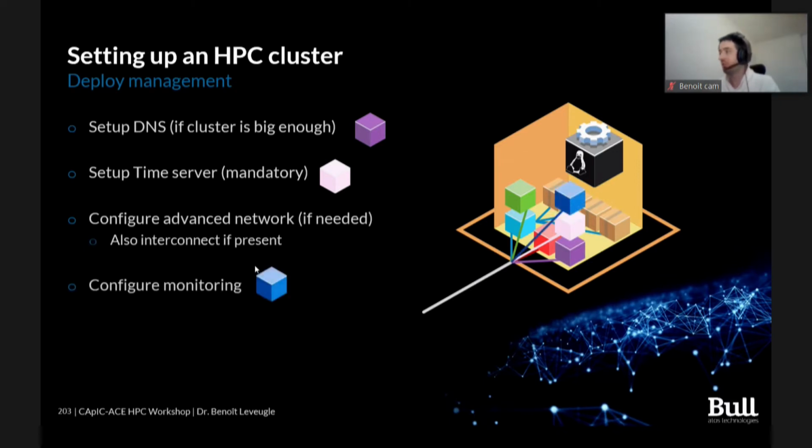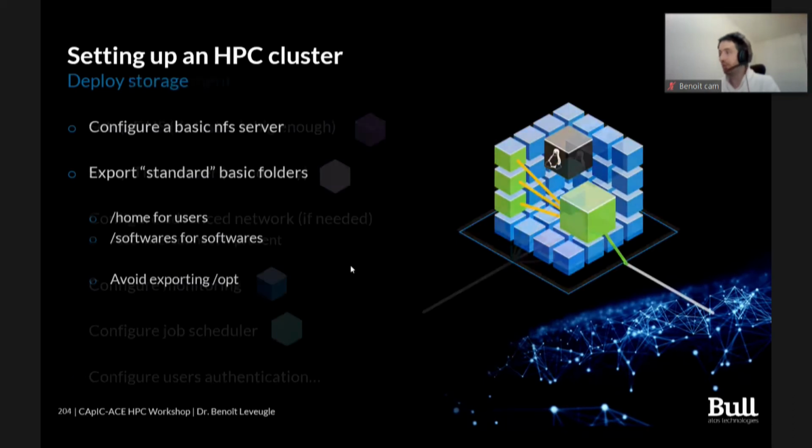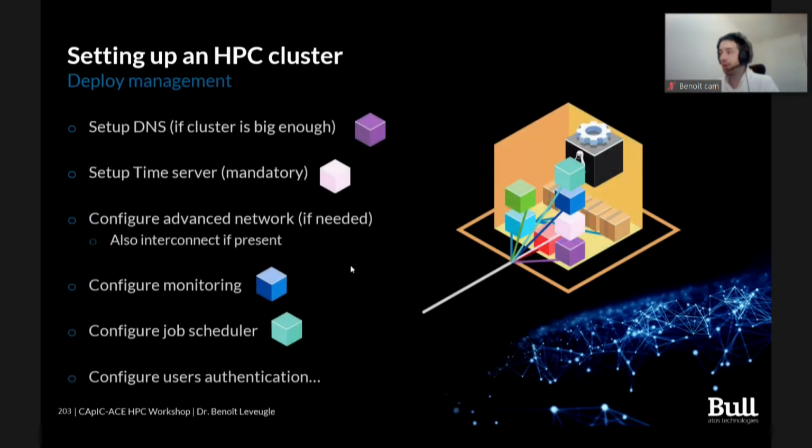We can configure a monitoring system, and we configured a job scheduler, Slurm, which is in charge of managing the jobs of the users. I think yesterday you saw LDAP, to centralize user authentication. Once your cluster is big enough, you need a way to centralize user authentication, so LDAP is a good choice.